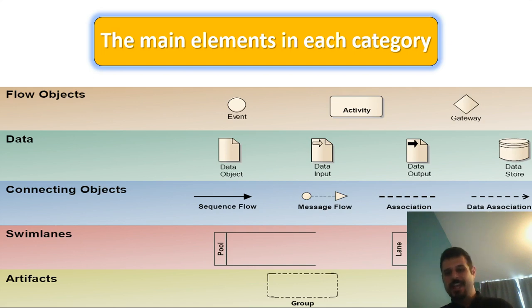We should use a lane. Pool and lane help us create boundaries of processes and boundaries for each role, and help us create a clear situation for our organization. Artifacts are for creating groups, when some activities or tasks form a group for a special purpose, or when we want to write a note, extra information about a task, we can use text annotation.